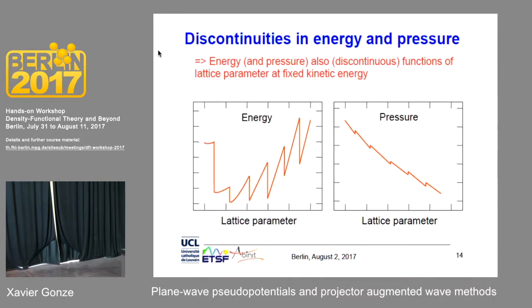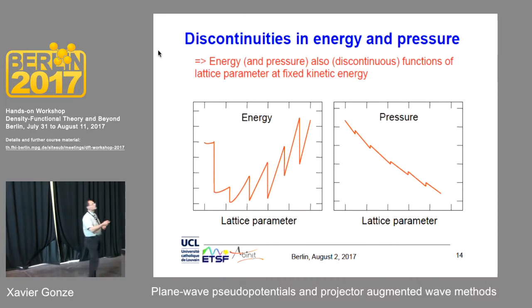For example, if one does not take care sufficiently and does a quite rough calculation for the total energy, one might find a behavior of the total energy as a function of the lattice parameter like this one. Instead of being a smooth curve with a very nicely defined energy minimum, we have a rugged curve. Well, these features correspond to a sudden change of the number of plane waves.